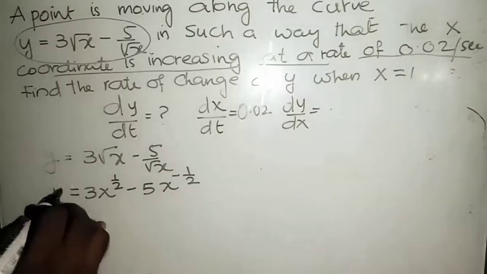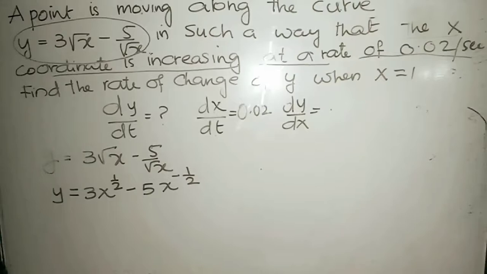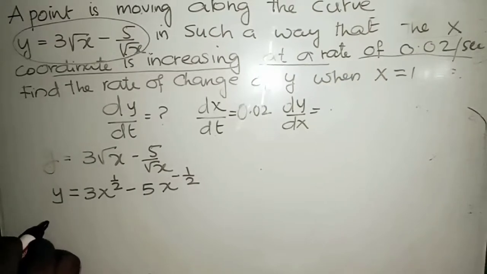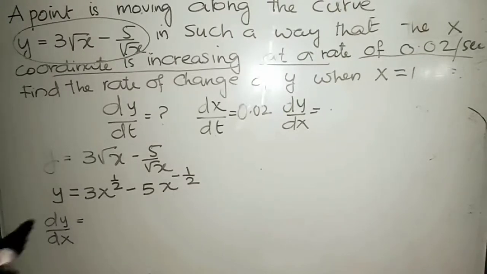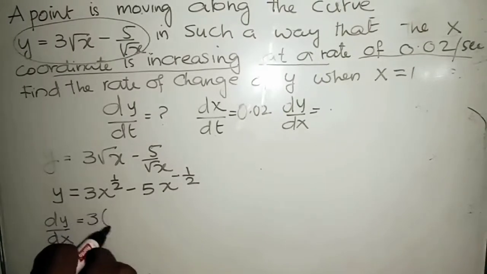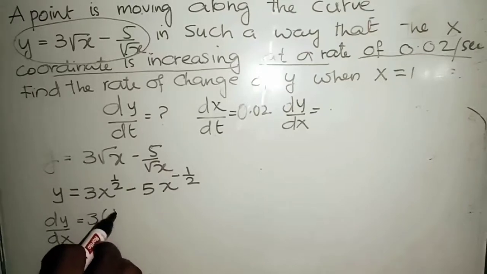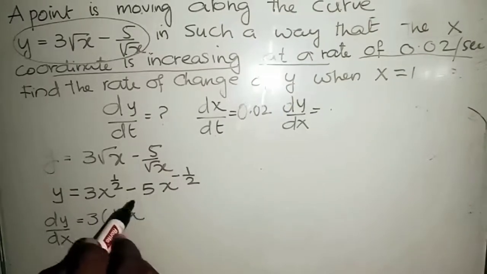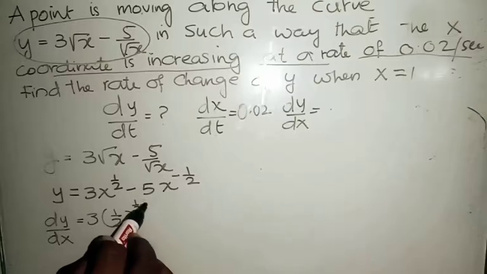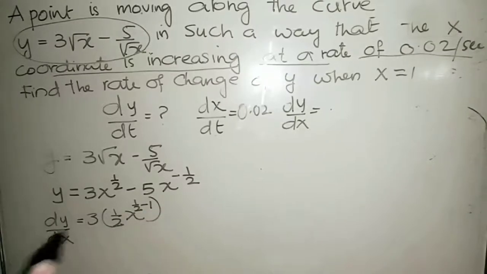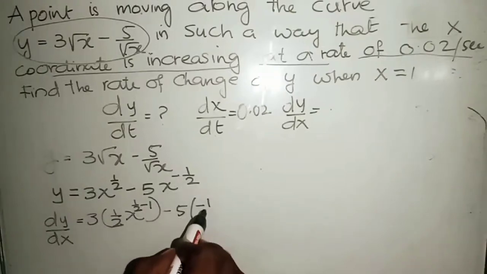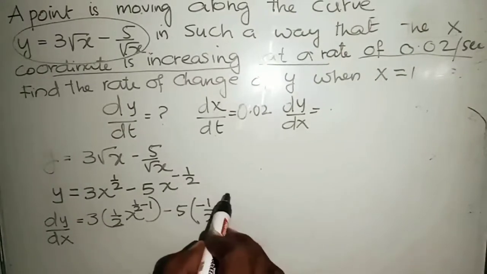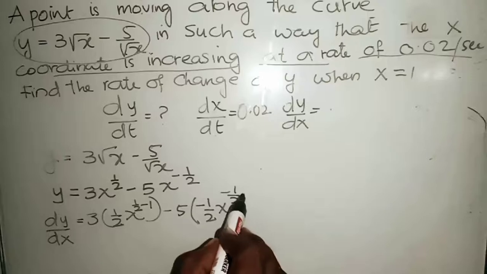Now find the derivative. dy by dx is equal to 3 times the derivative of x raised to 1 by 2, which is 1 by 2 x raised to 1 by 2 minus 1, minus 5 times minus 1 by 2 x raised to minus 1 by 2 minus 1.